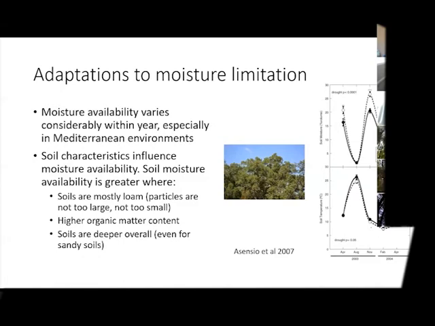The soil characteristics influence moisture availability. So even here, where we have a reliable seasonal drought, the soil still matters. Soil moisture tends to be greater where you have finer soil textures, and in particular loamy soils, which have a fair amount of silt, tend to store the most available water.